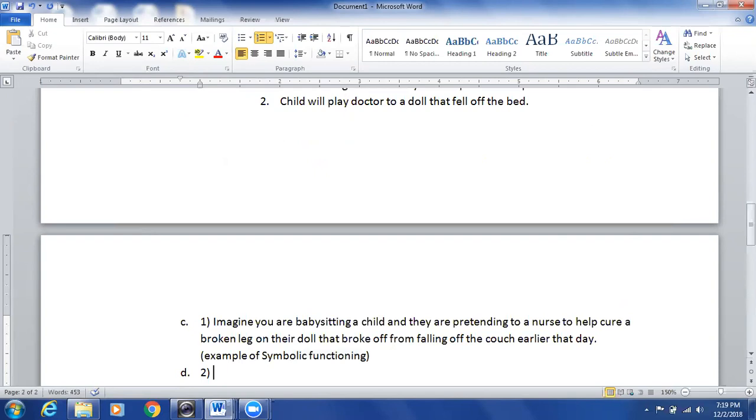And another imagery: imagine you are the person in the first scenario where you had car trouble.